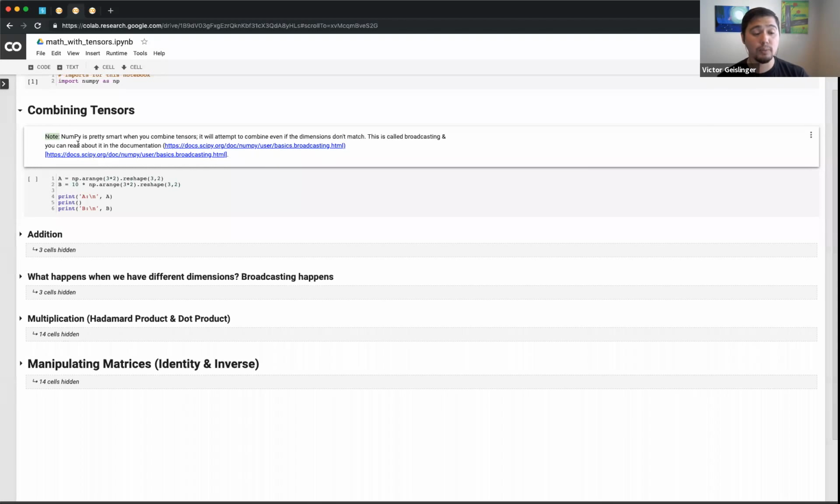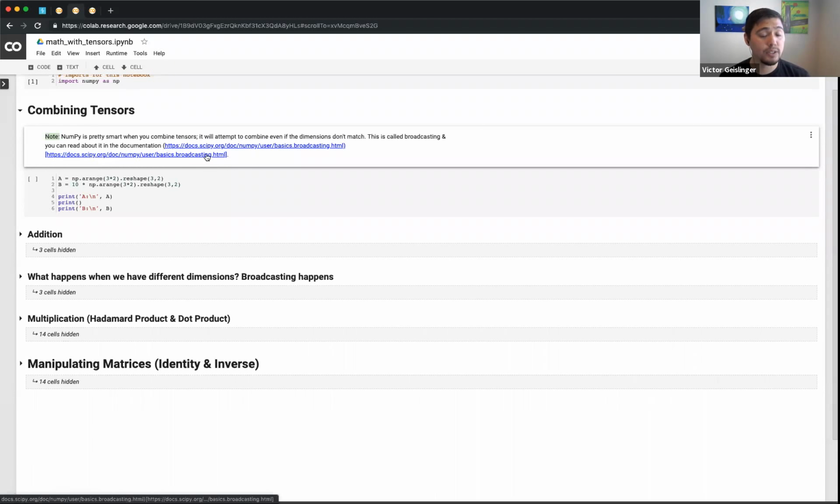That can be super helpful because, for example, if you want to add 1 to each matrix, you would technically need to create a matrix or tensor with a bunch of 1s in it, or define a whole new matrix, or iterate through it. But NumPy says, well, you're adding 1. You technically can't do that, but I think what you're trying to do is add 1 to each element. So we'll see a little bit of that.